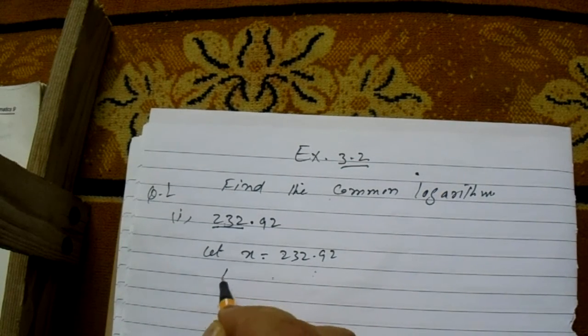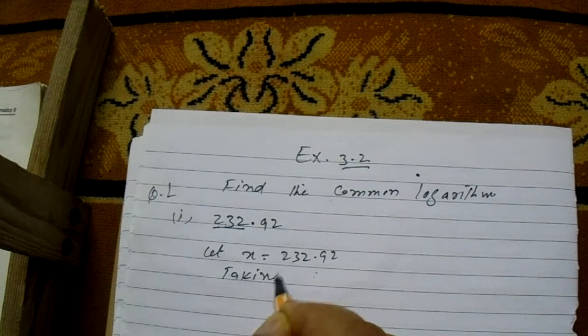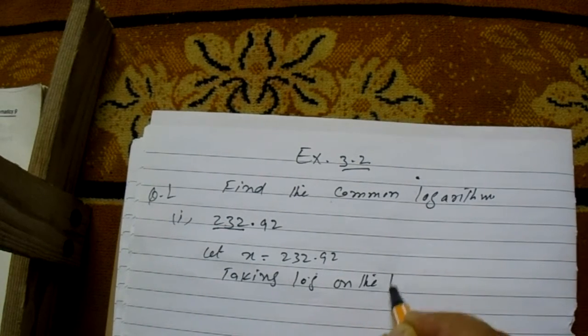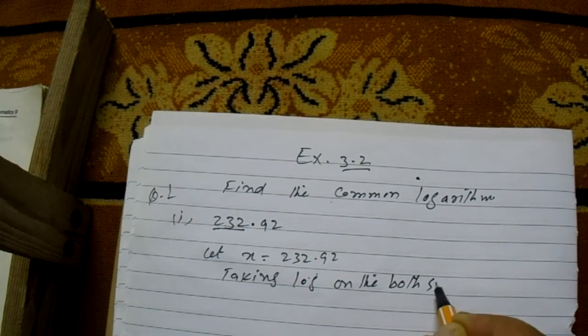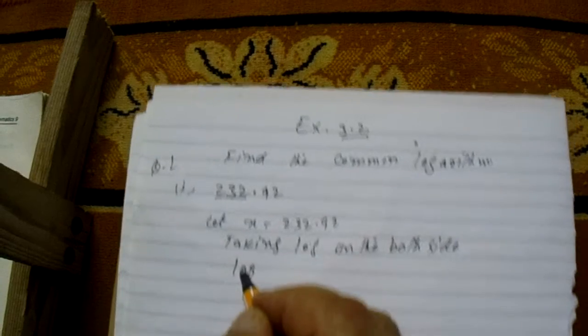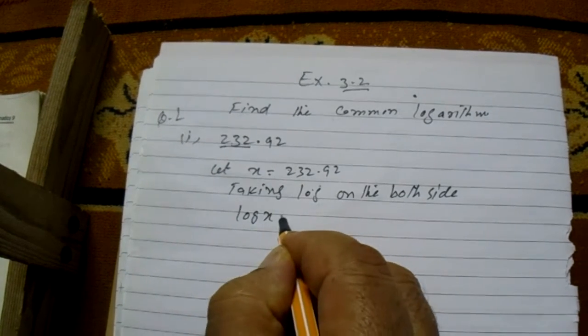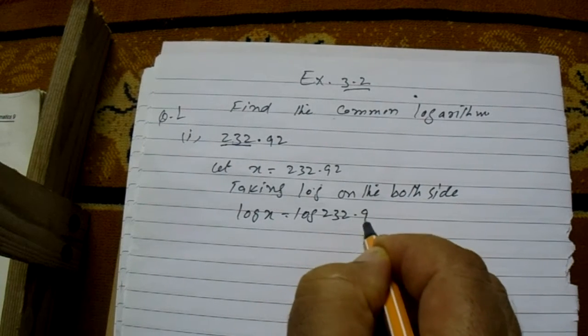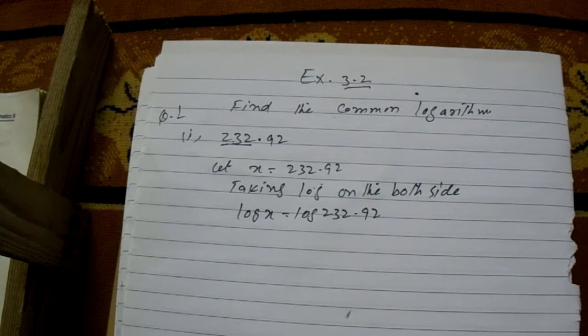Taking log on both sides, we get log x is equal to log 232.92. Now we will use the calculator.